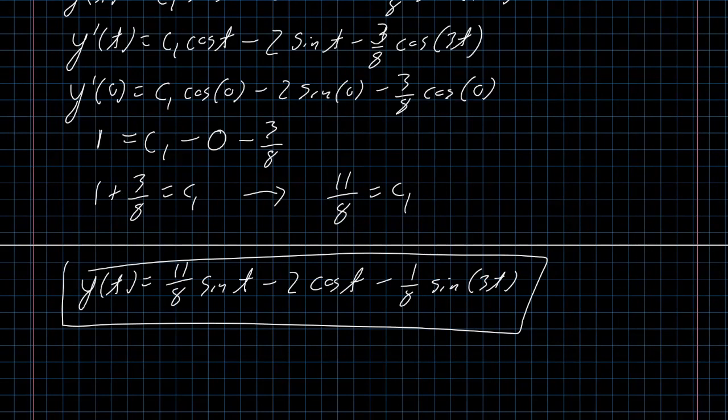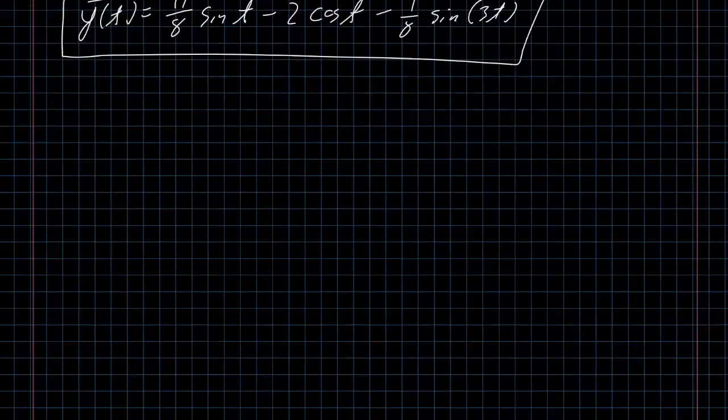Right? The same general form, different initial conditions give us a fairly different result, which is hopefully not too unexpected at this point in what you've been studying. There we go.